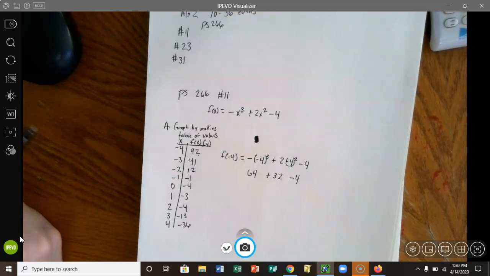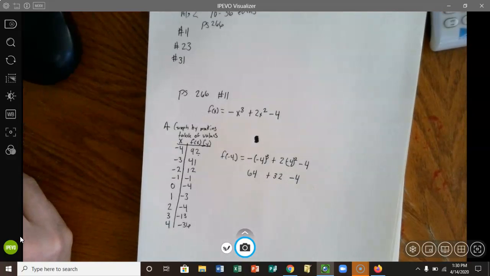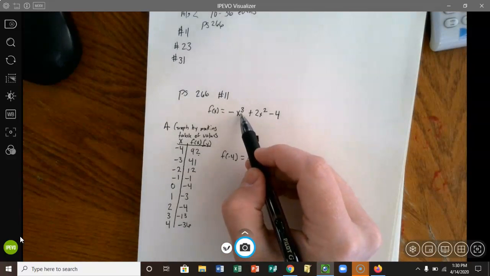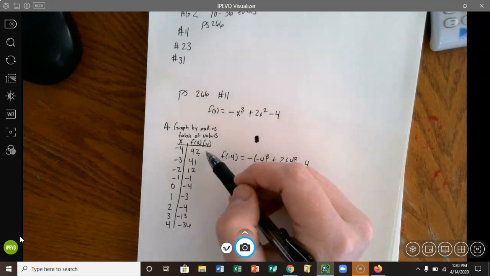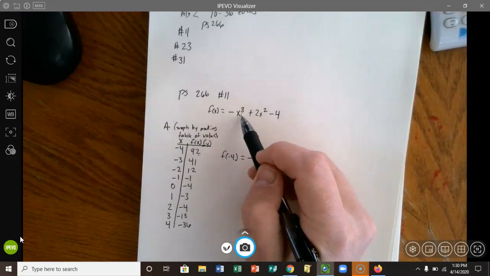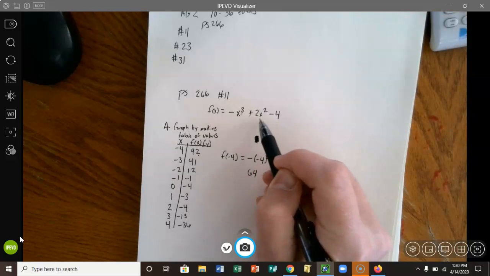The way that you select your x values, a good way to go is from negative 4 to positive 4. Also, you can minimize that based upon your leading degree. Remember, degree corresponds to how many real zeros this could possibly have. Doesn't mean that it's going to have exactly 3. It means that it could have at most 3. And how many I have is determined by this interior stuff.